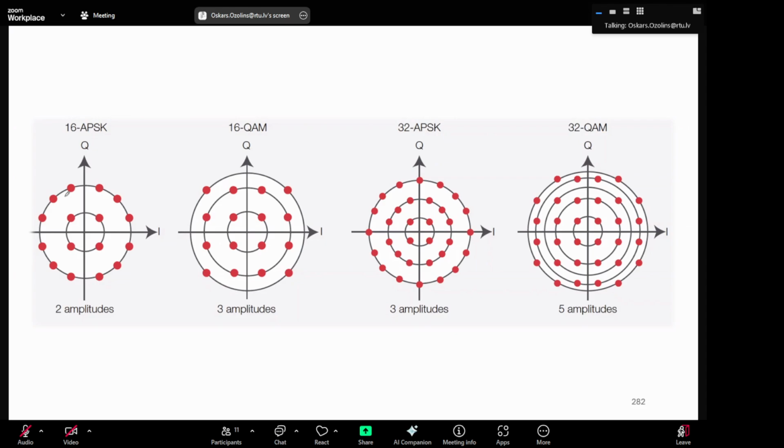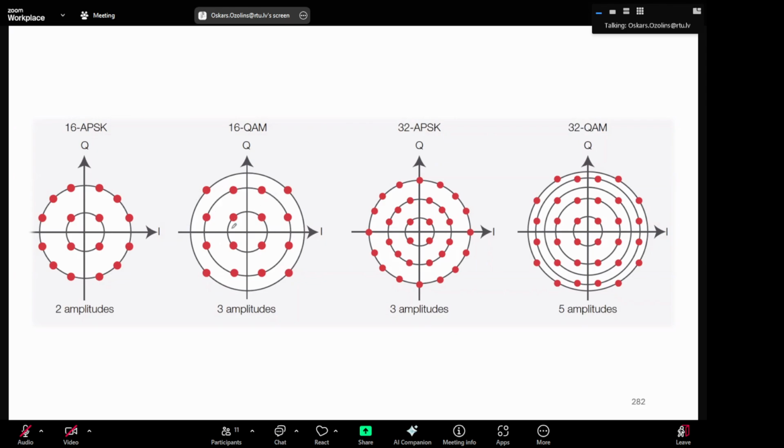Are you limited with amplitude noise or with phase noise? So for example, in 32 QAM, the spacing between the amplitudes is not even. So these symbols are more closely spaced. So this will create more problems with exactly these closely spaced symbols. Then like for 16 QAM, they're equally spaced.